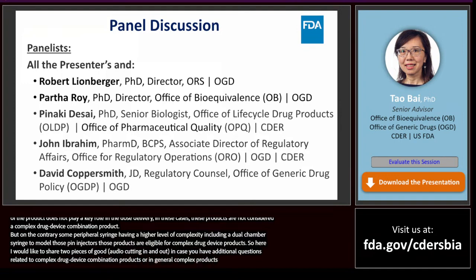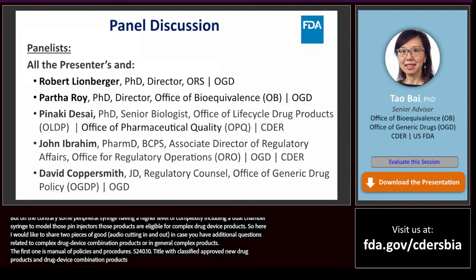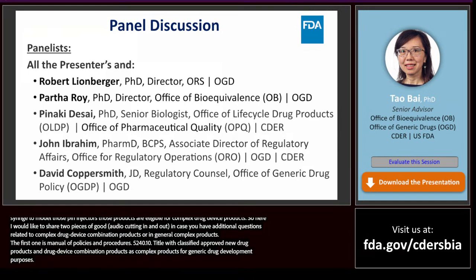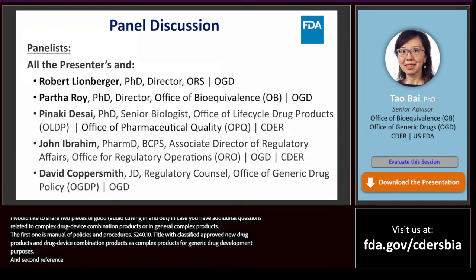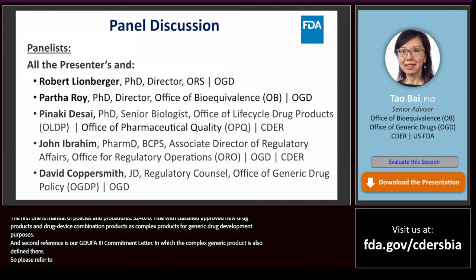The first one is Manual of Policies and Procedures 5240.10, titled Classifying Approved New Drug Products and Drug Device Combination Products as Complex Products for Generic Drug Development Purposes. And the second reference is our GDUFA III commitment letter, in which the complex generic product is also defined. So please refer to these two documents for additional details if necessary. Thank you.